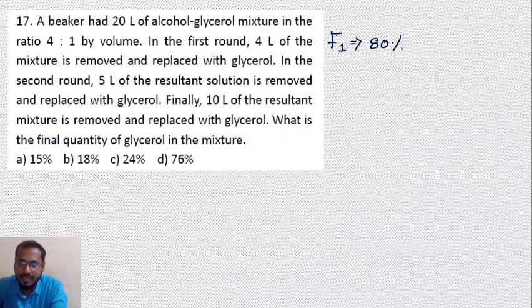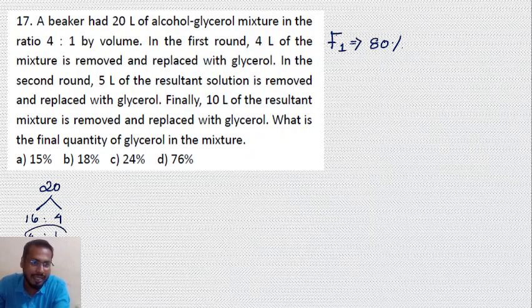Please listen: out of 20 liters, 16 liters and 4 liters. I can split this into 4:1, so 16:4. If I split into 5 parts, 4 parts is alcohol and 1 part is glycerol. So that means 80% is what? Alcohol. 5 parts means 100%, and 4 parts is 80%, right?